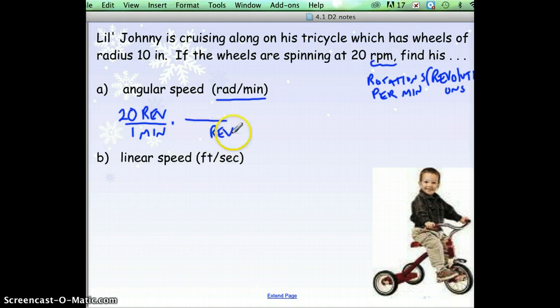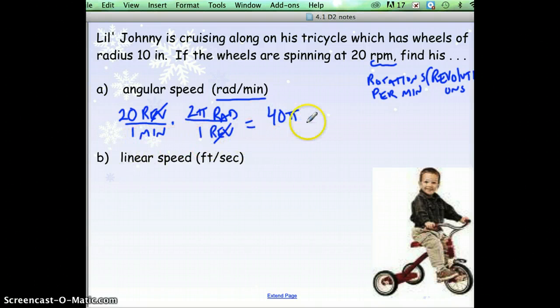How many radians are there in one revolution? How many radians are in one revolution? How many radians are there in one time around the circle? 2 pi. See how the revolutions cancel? And then my units are radians per minute. So all I have to do is do 20 times 2 pi, which would be 40 pi.